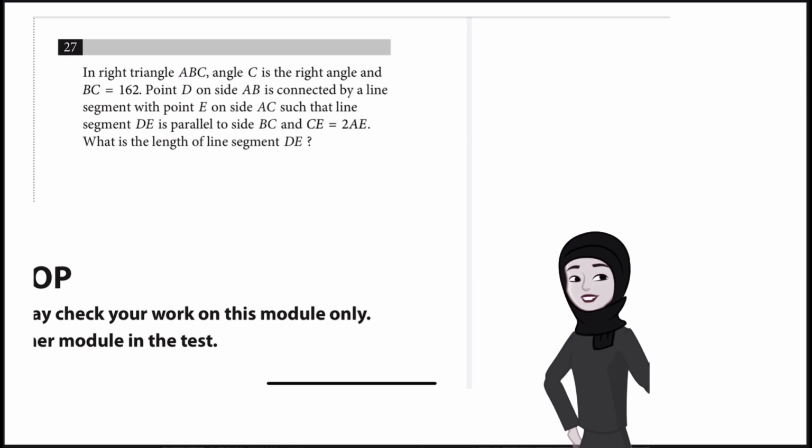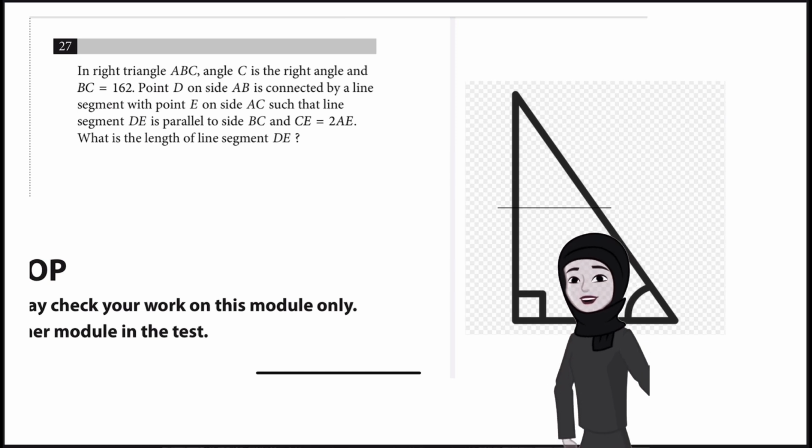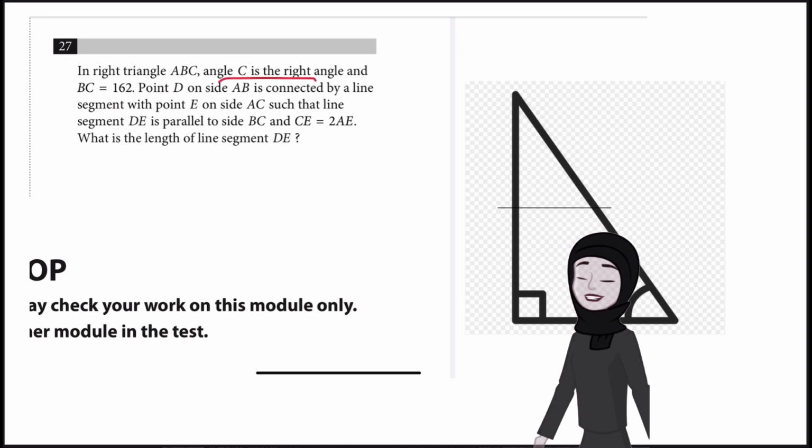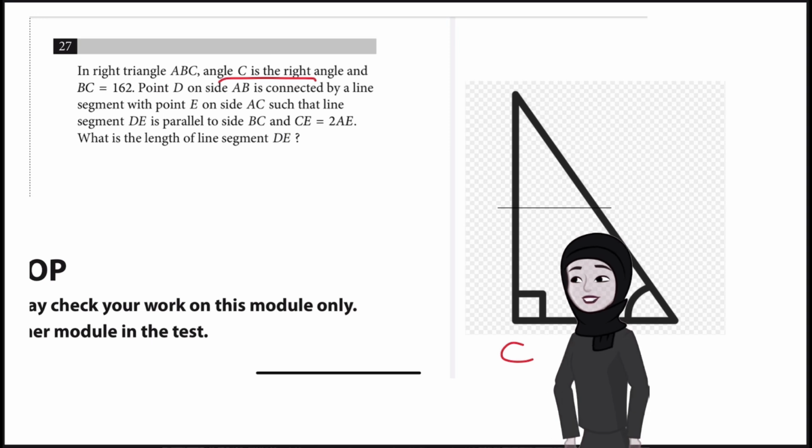So there is no diagram given with this, but we can draw our own diagram. It's given that in triangle ABC, point D is on side AB. So first of all, let us mark angle C as the right angle. So this will be our C. And point D on side AB is connected by a line segment with point E on side AC.